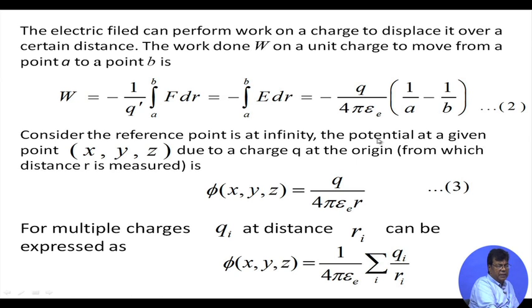Now, if I consider the point at infinity, I define this as the electrostatic potential phi of x y z: the work in dragging the point charge from infinity to a point x y z under an electric field due to a charge q placed at the origin is given by this.